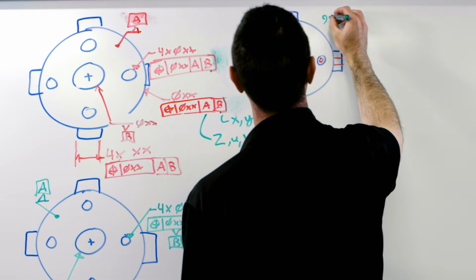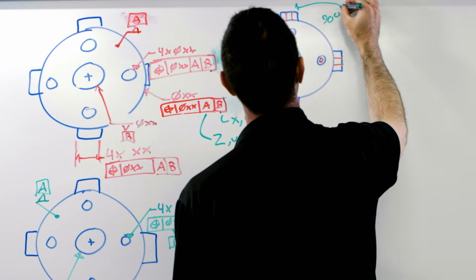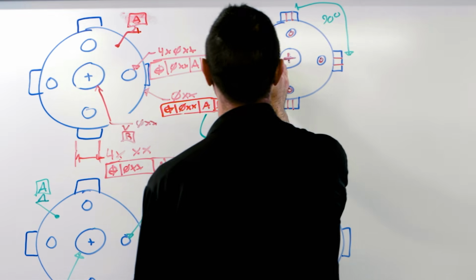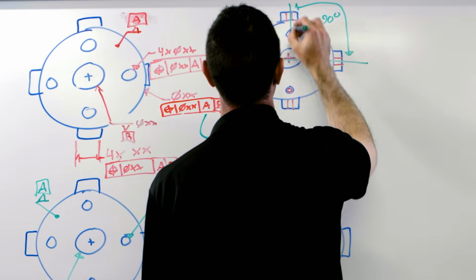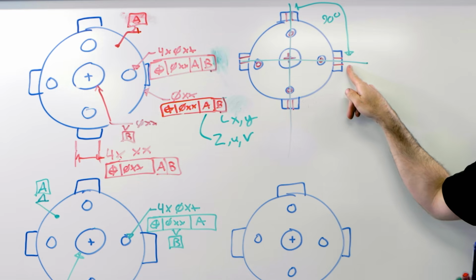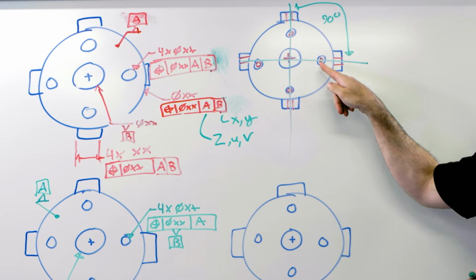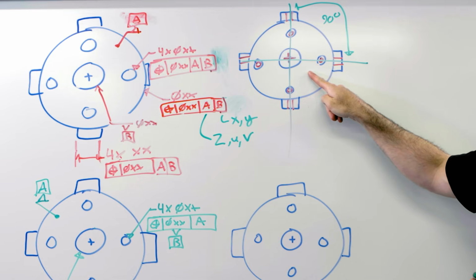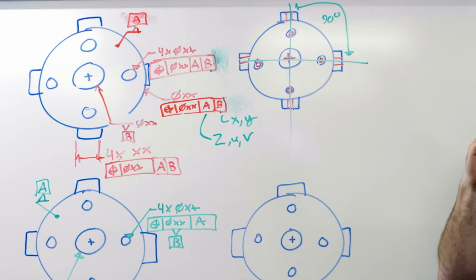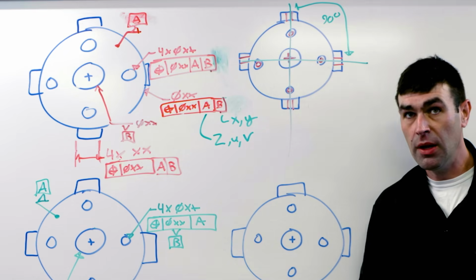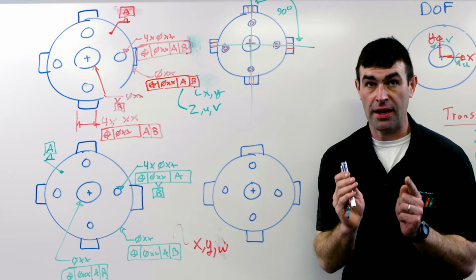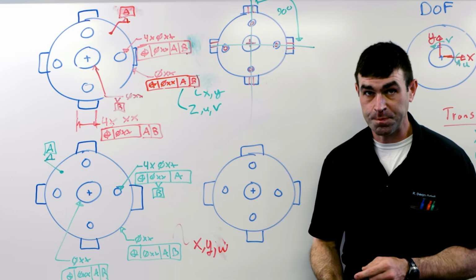We're going to call this 90 degrees. So if we've got a datum plane here and a datum plane here, those tolerance zones straddled on this plane. This tolerance zone is centered on that, and on and on. And that's how I try to explain it to people. Think of the tolerance zones first. They're all locked together with each other.